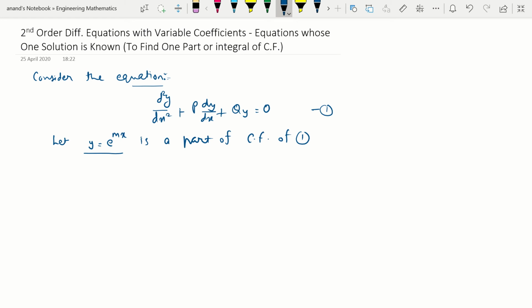So here we have assumed y equals e to the power mx, so we get dy by dx equals e to the power mx into m. So I can also write it as dy by dx equals m e to the power mx. Now finding the second order derivative, d2y by dx2 will be m square e to the power mx.